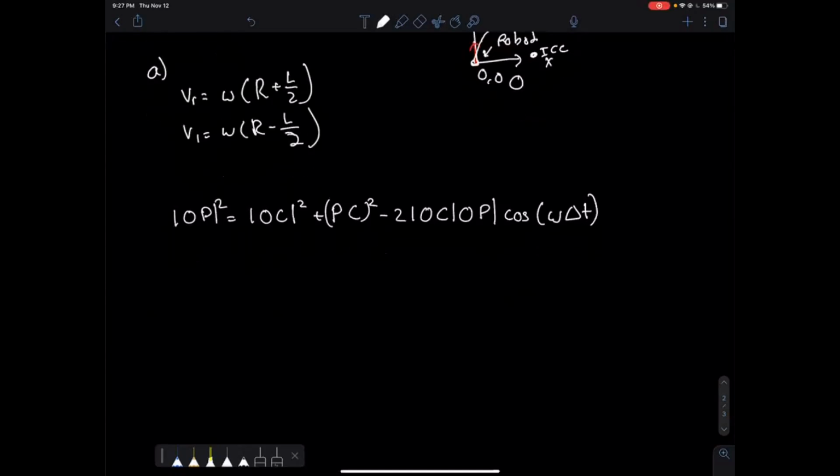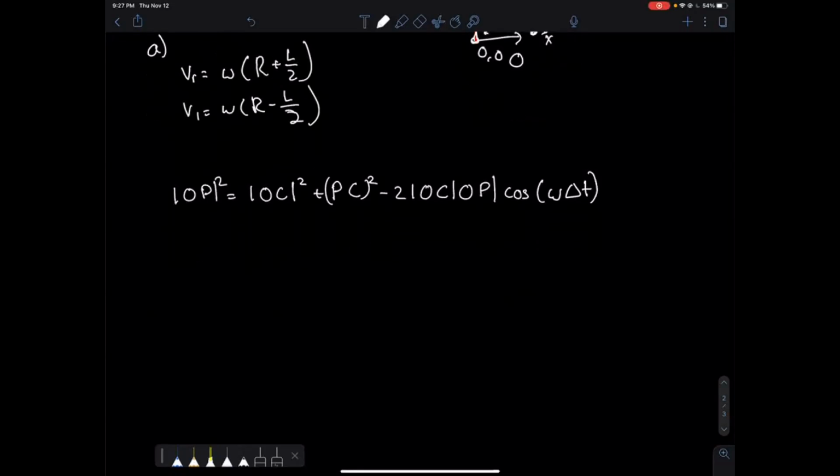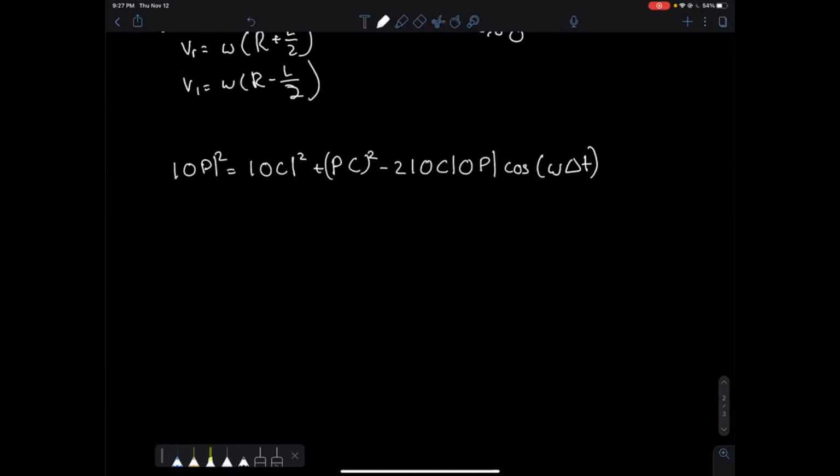And what we can calculate, if we solve for omega, I'm not going to go through how to solve for omega. I'm assuming you know how to do basic algebra.